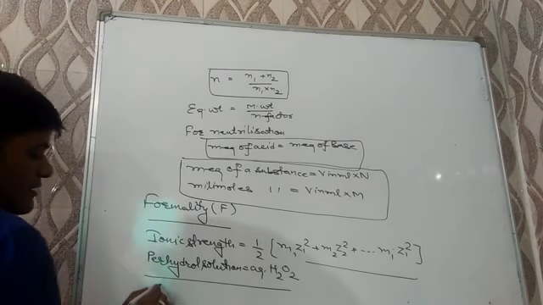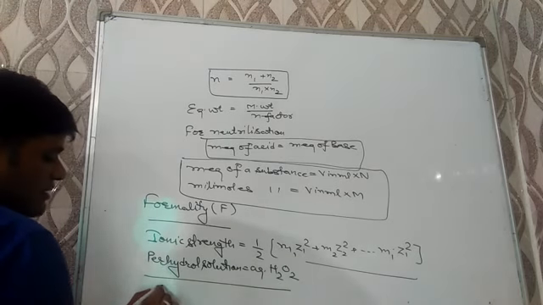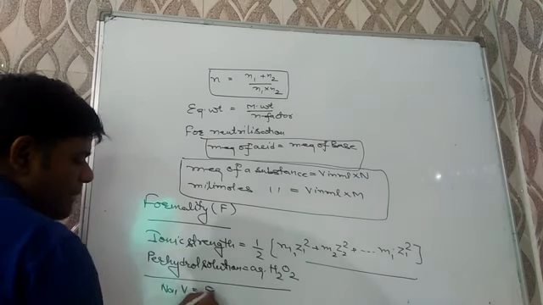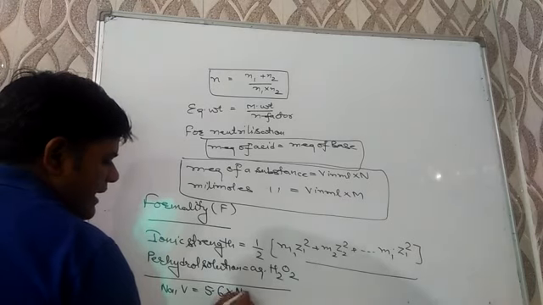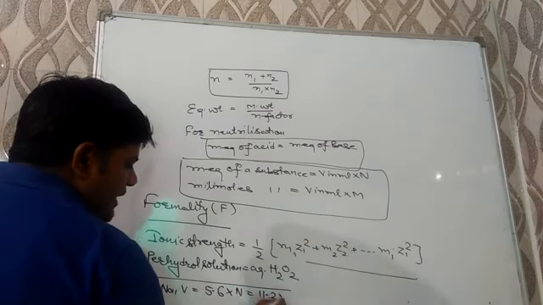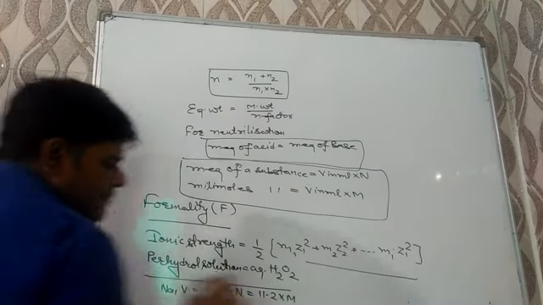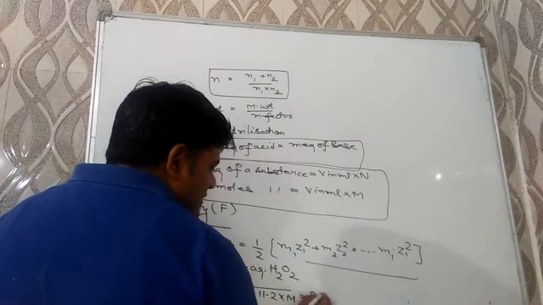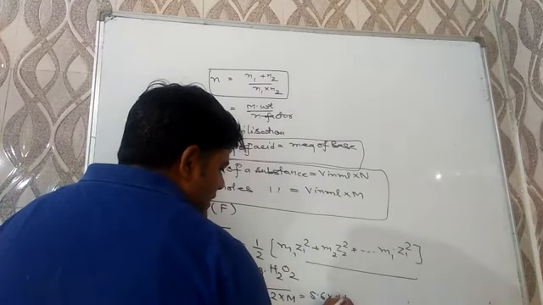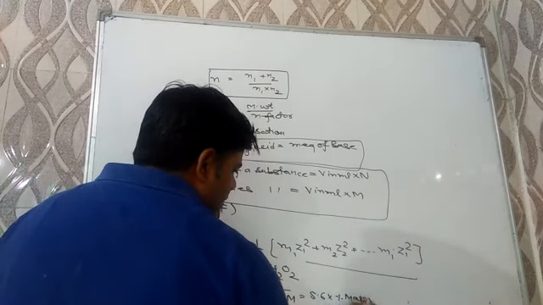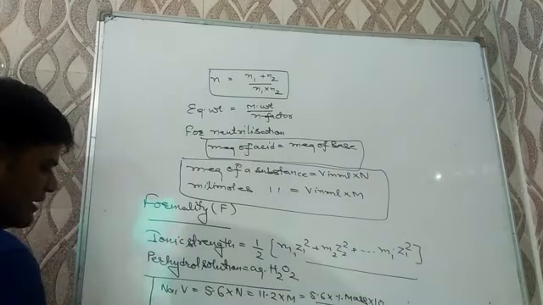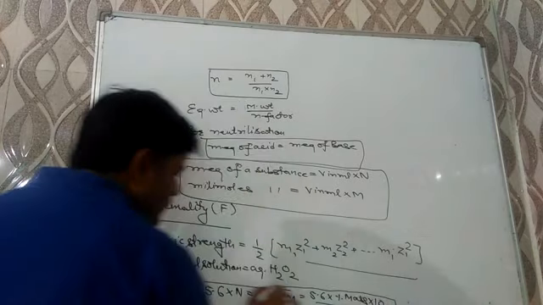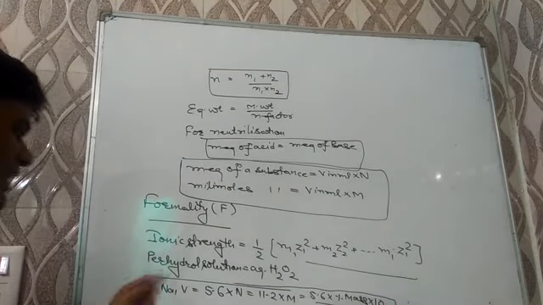For it, number volume will be equal to 5.6 into normality, and that is equal to 11.2 into molarity, and that is equal to 5.6 into percentage mass into 10 over 70. These are the relationships between different ways of expressing concentration of perhydrol.